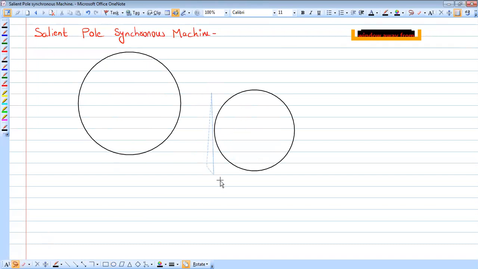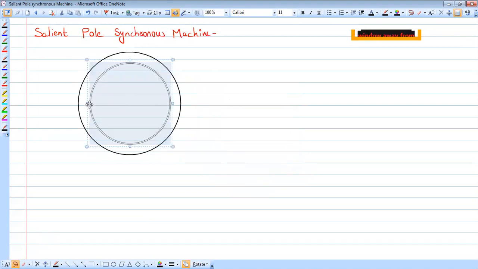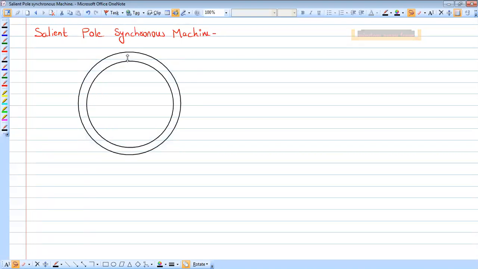Along the direct axis, the air gap is small, and along the quadrature axis, the air gap is more. So this is the salient pole rotor. The poles are projected outwards from the shaft.